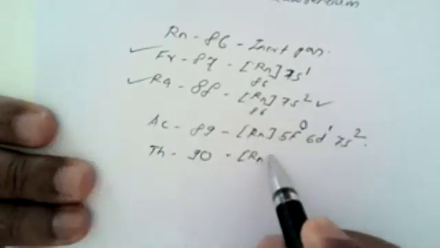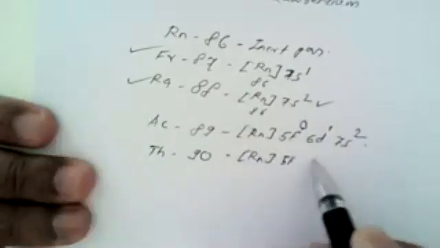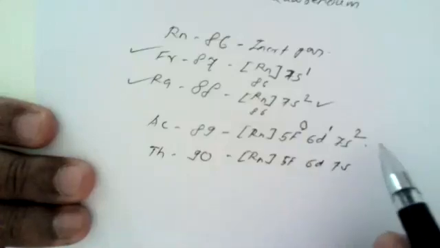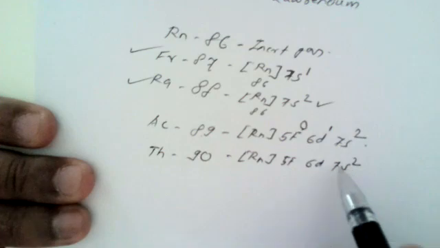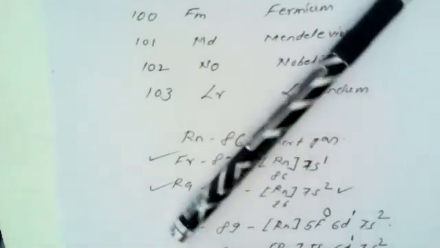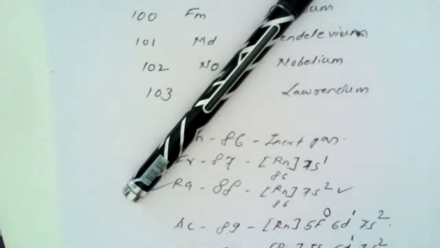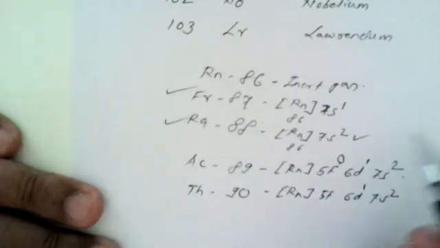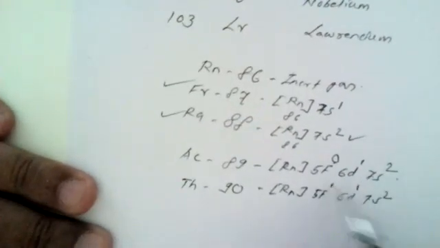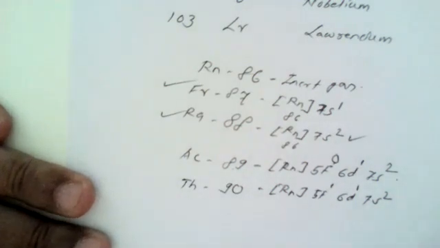In terms of radon core, we can write this like this: 6d and 7s. So no question about 7s. So 86 plus 2 is 88, plus 1 is 89. Now we have to add one more electron that comes in the 5f level.